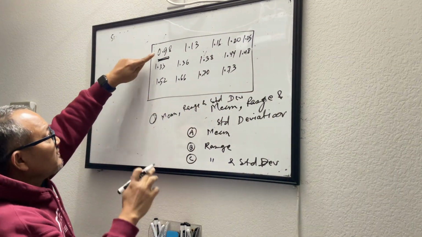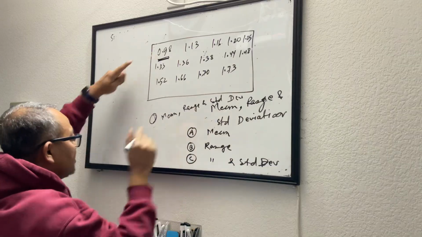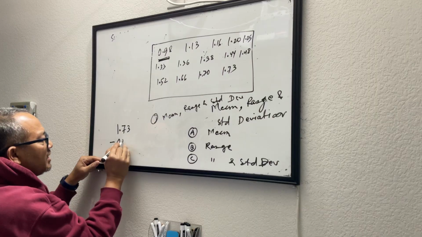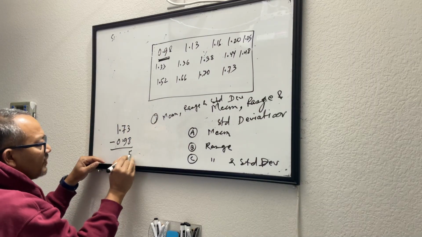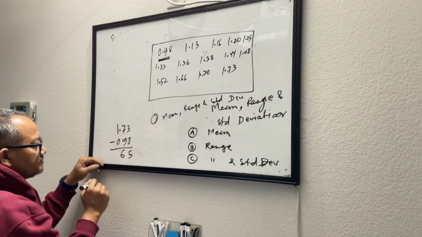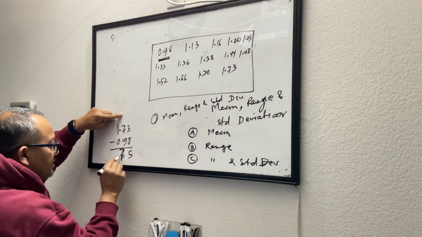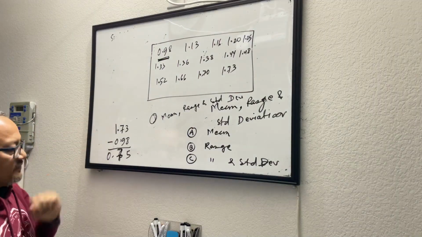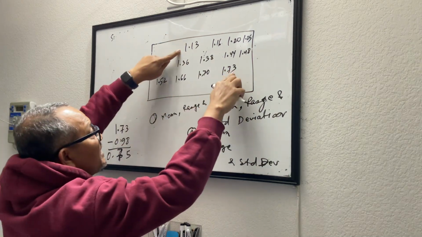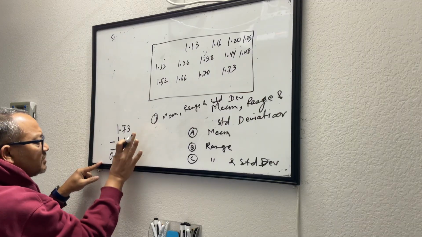In the earlier circumstances when we had 0.98, what is my range? 1.73 minus 0.98 gives 0.75. This is my range. If I take this one out, then my range would be the difference of this and 1.13. So this became 0.6.